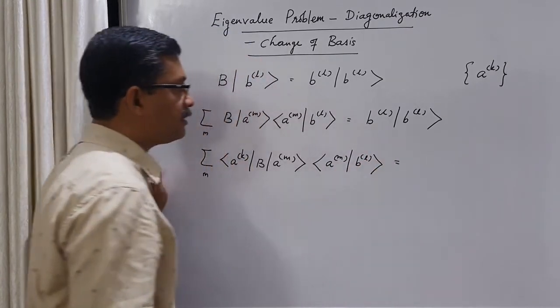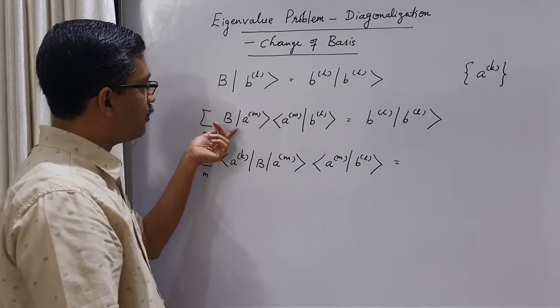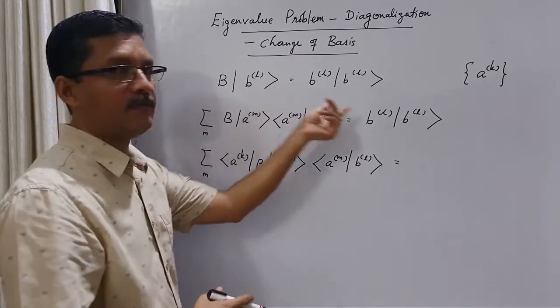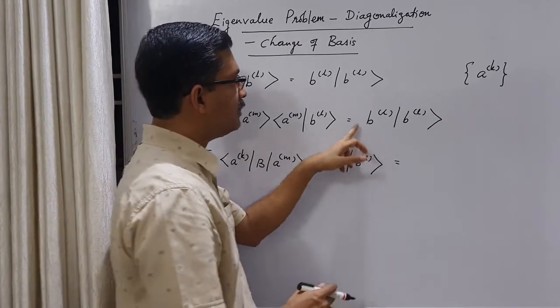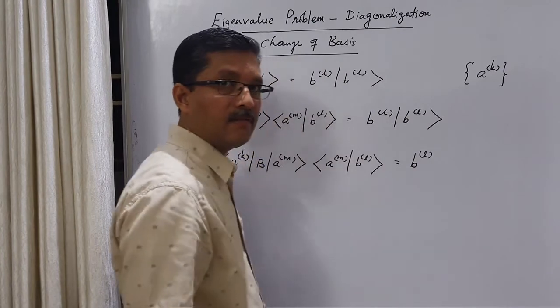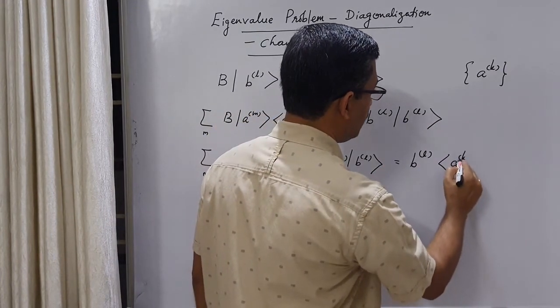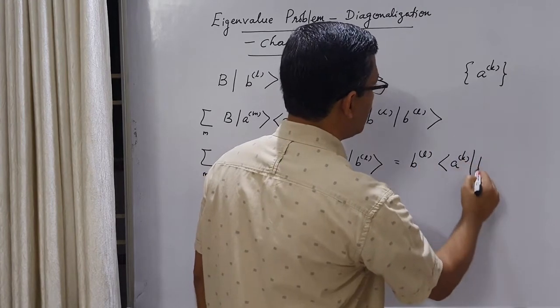On the right hand side also this bra vector AK should come. On the right side, this BL is a real scalar, an eigenvalue. So the inner product is between bra vector AK and ket BL.